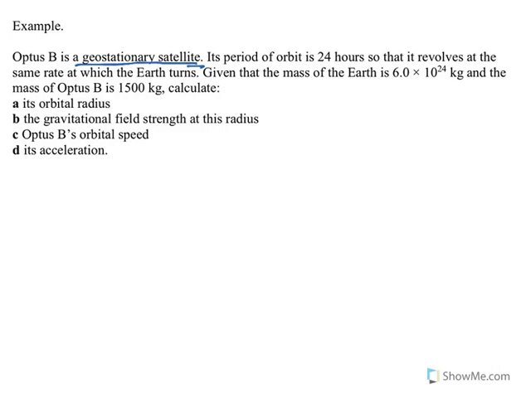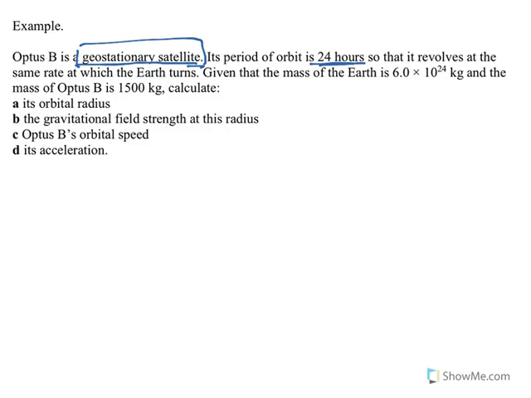If it stays over the same spot on the Earth, its period is 24 hours, because the Earth goes around once in 24 hours. So therefore its period is 24 hours. It's over the same spot on the Earth, so it revolves at the same rate as the Earth turns. I've just talked about that.